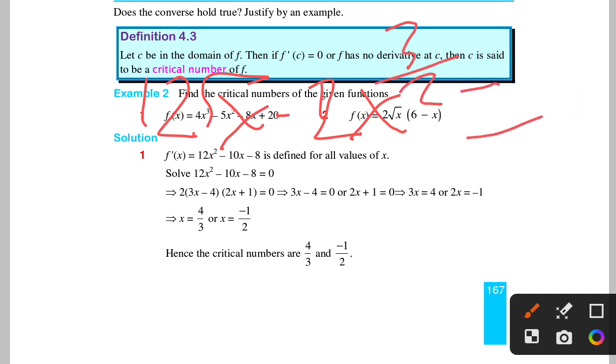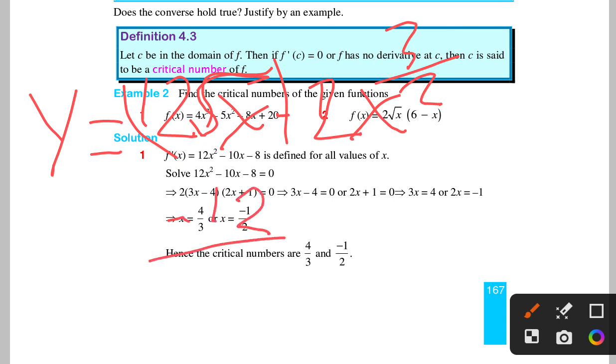Not equal to 0, first we derive, where f of x is y. When we derive this function, we got this 1 minus 12 over radical x.